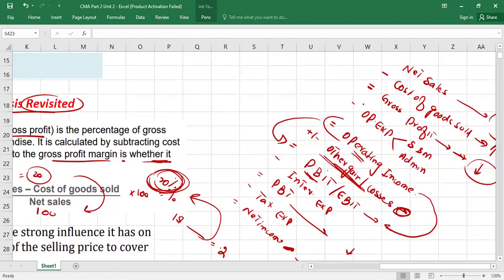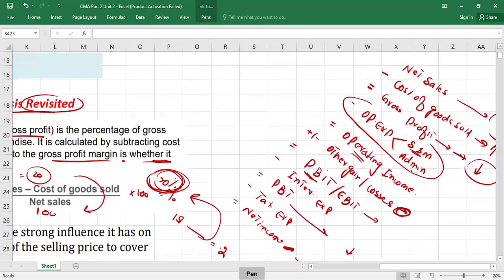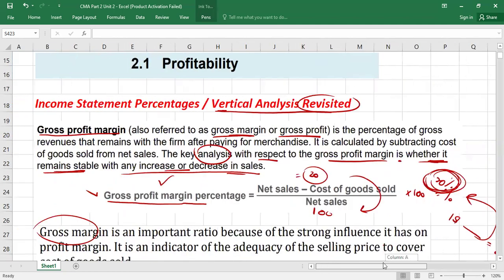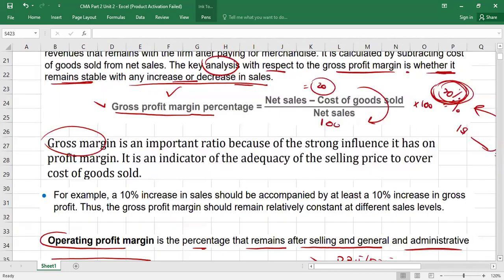From gross profit, we deduct operating expenses. Which operating expenses? Selling and marketing and administration expenses. Then it is your operating income, right? So this is what they're saying: the operating income is the profit which is left after the deduction of operating expenses, meaning selling and marketing or administration expenses.